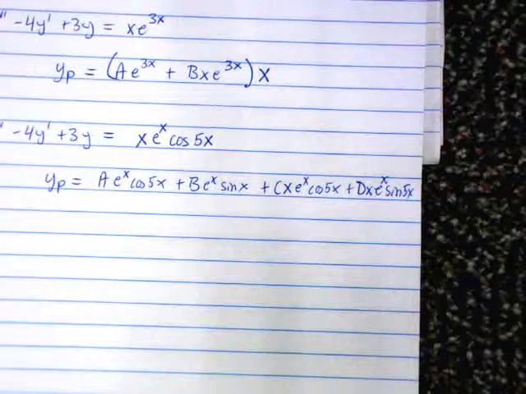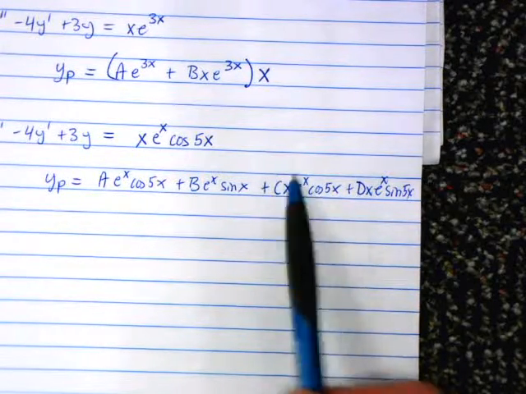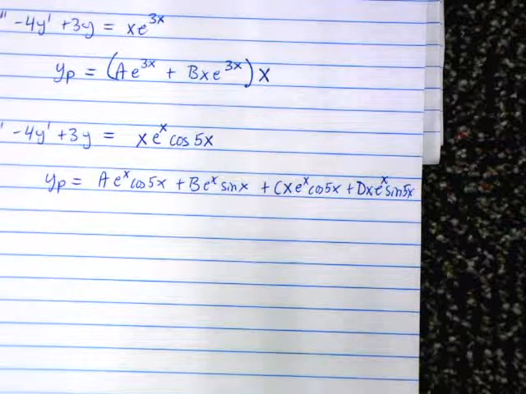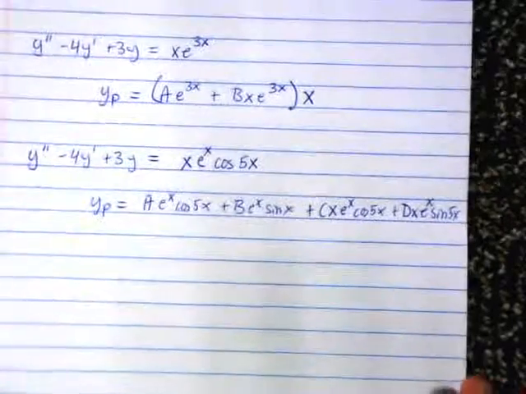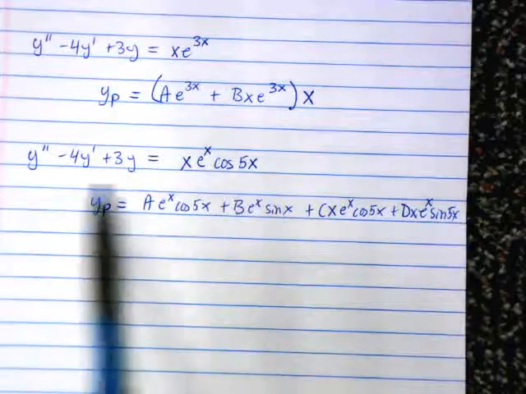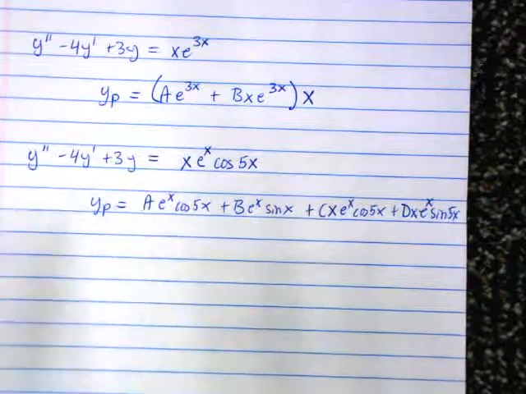Imagine how exciting it would be to take the first and second derivative of that thing with those terms and try to plug all that in. All right, so once again, this is what your homework's going to look like for quite a few of the problems: set up what the solution would look like. And that would be your final answer. That's what your y sub p has to look like.